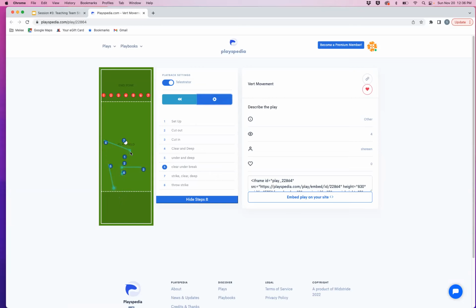And that means that the frisbee is going to move up the field, which means that the stack has to move back because there needs to be space between the cutters and the handlers. So as the disc moves, as this person gets the frisbee, you want to practice having your team also move back. This is a really important concept to do when you're teaching your offensive sets and when you're walking through them. A lot of people skip over this step and then it gets really messy on the field and they wonder, oh, why isn't our stack organized? And it's because you haven't practiced adjusting to different situations.